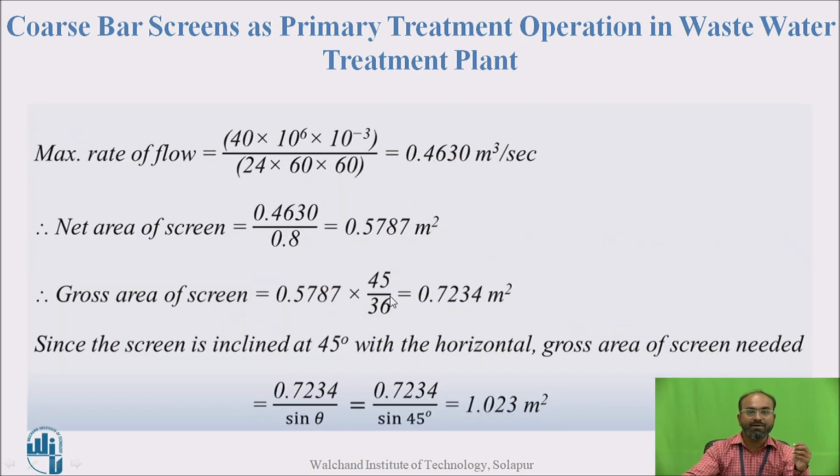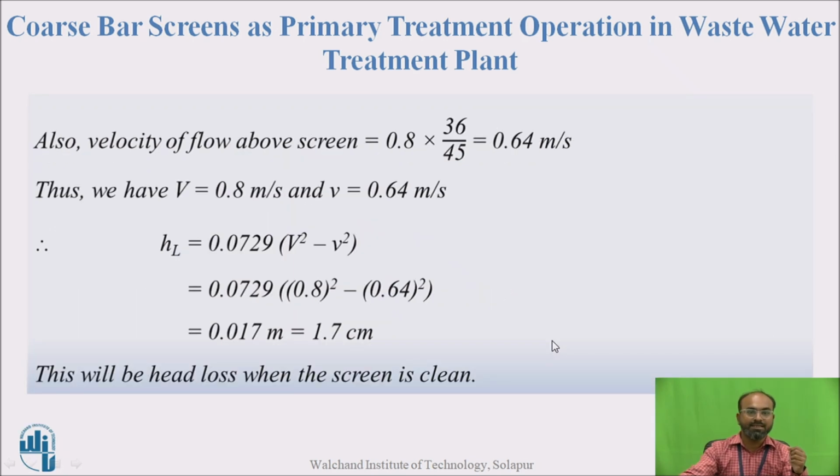So 45 divided by 36, which is coming about 0.7234 meter square. Fine. Since these are inclined to the horizontal, I have to divide it by sine 45 degrees, that is sine theta. By calculating, I will get a value about 1.023 meter square. So this is the overall gross area of screens.